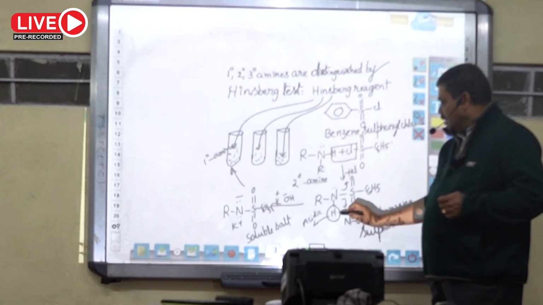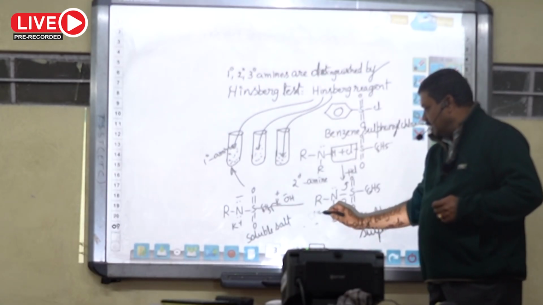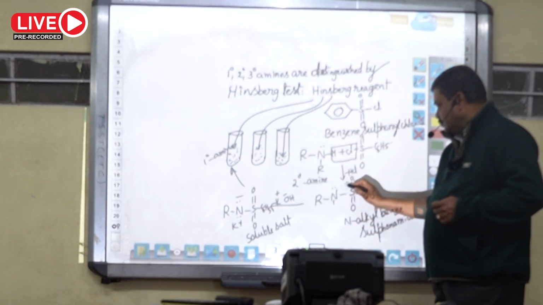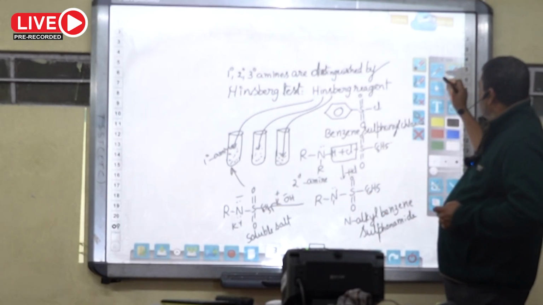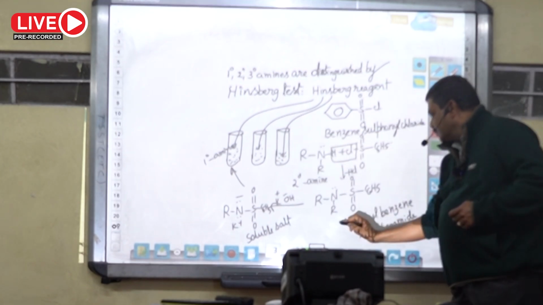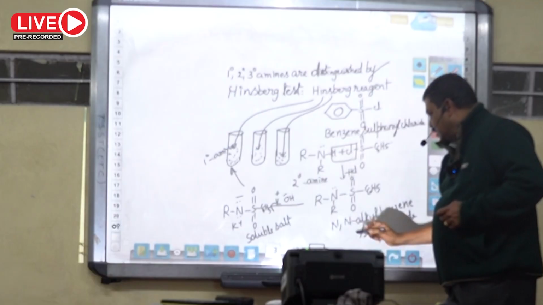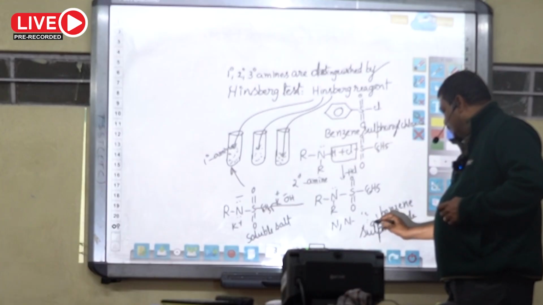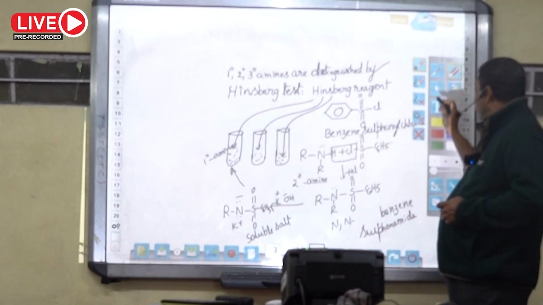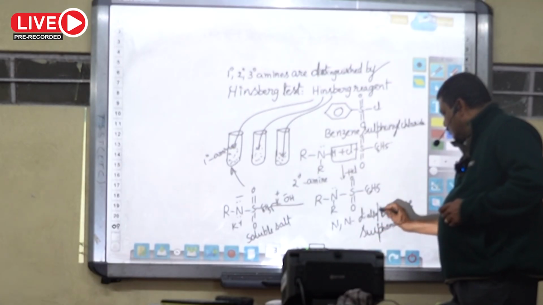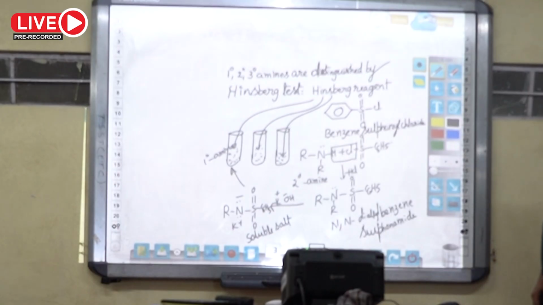Now, when secondary amines are treated with benzene sulfonyl chloride, you will get N,N-dialkyl benzene sulfonamide.